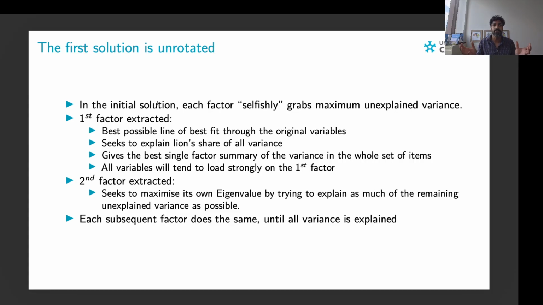So all variables will tend to load strongly onto factor one because it does it sequentially. First factor one is there, and it takes up the lion's share of the variance. Then you have factor two, and it seeks to maximize its own eigenvalue by trying to explain as much of the remaining unexplained variance as possible. And so each subsequent factor does the same until all the variance is explained.